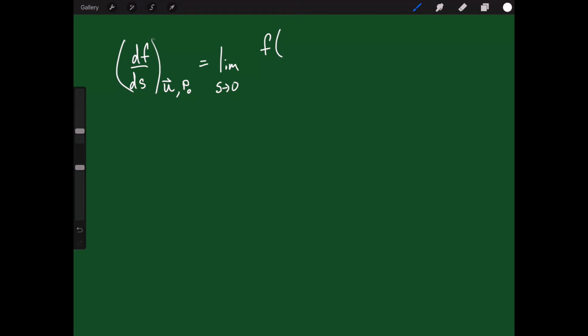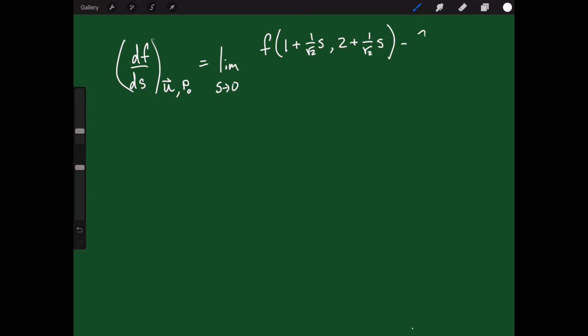Well, x sub 0 is the specific point that I'm working with, and the specific point is (1, 2). So x0 is 1 plus 1 over root 2, which is my u sub 1, times s, comma, 2 plus 1 over the square root of 2 s.